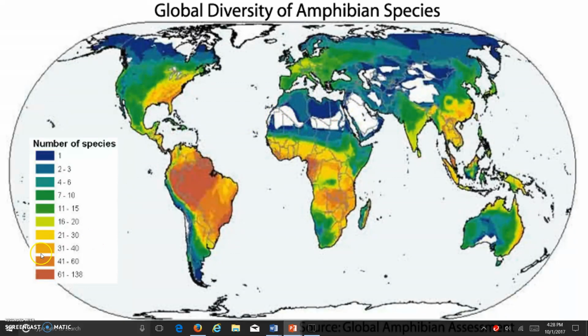And the darker colors of oranges and reds indicate a good species biodiversity for amphibians, ranging up to 138 different species. So obviously the Amazon rainforest in Brazil is going to have that red color to it due to the variety that's present there. And there's a few locations along the western coastline of Africa, along the coastline of Australia, as well as along our southern coastline in the United States.